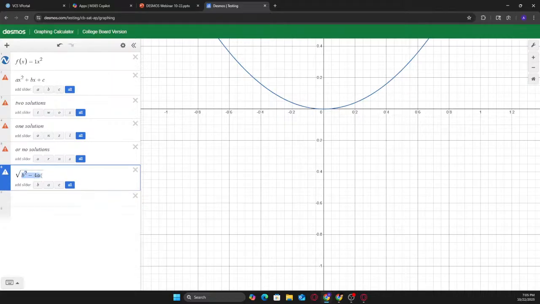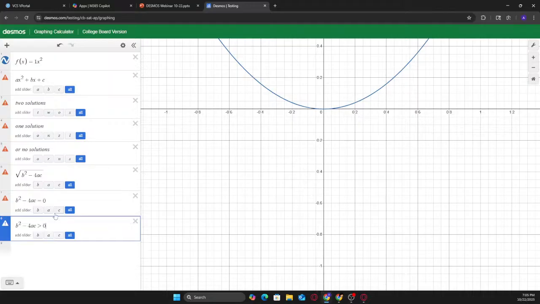So let me copy and paste it. If whatever this evaluates to equals 0, that means there's only one solution. It's just going to be like this. There's no b, there's no c, so it's just going to be 0. Let's say it's greater than 0, so it's a positive value.